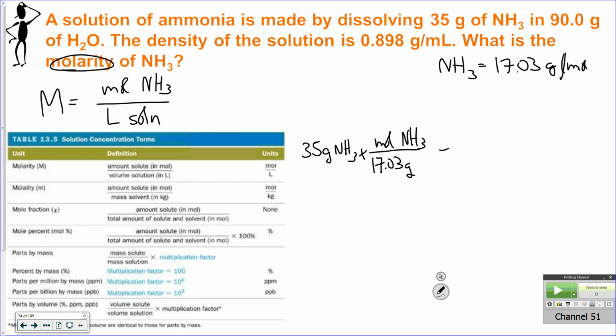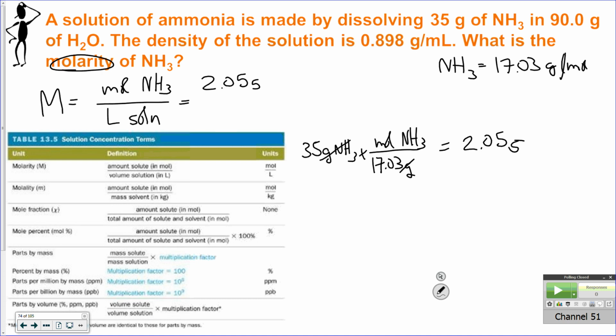Grams cancel out, so it's a little bit more than 2. We'll keep an extra digit to try to not have rounding errors. Keep an extra digit for your calculations and then round at the end.